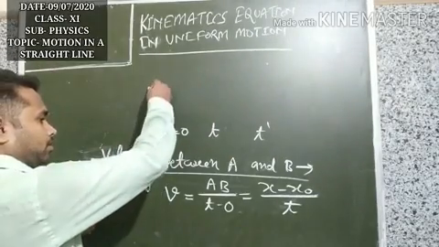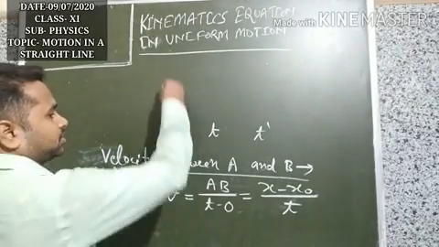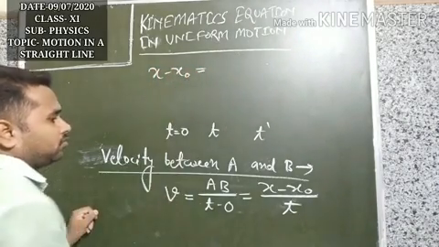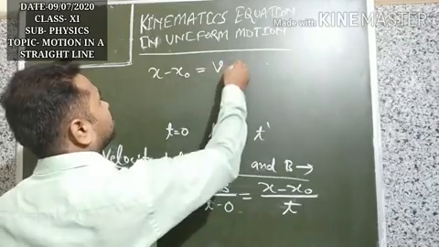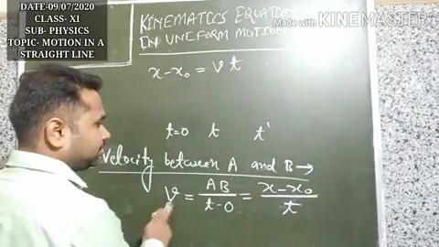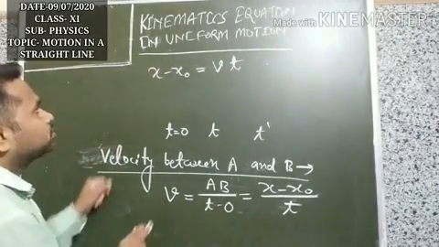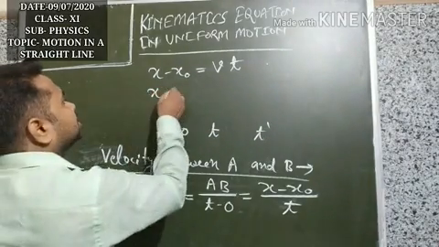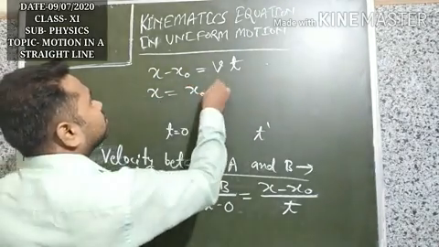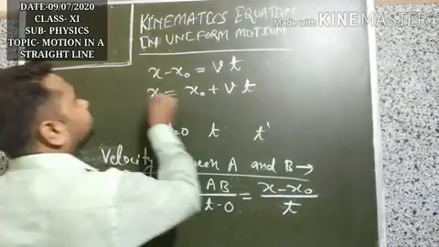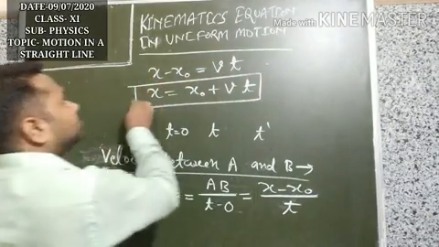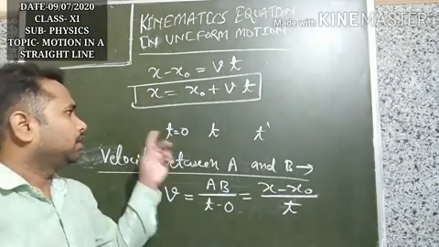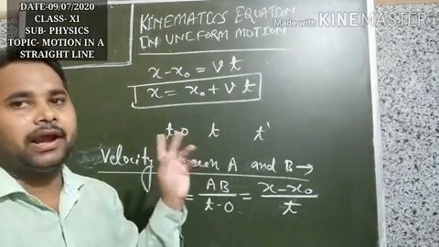Now by cross multiplication, x minus x0 equals v into t. So x equals x0 plus vt. This is the kinematics equation in uniform motion in the given path between A and B.